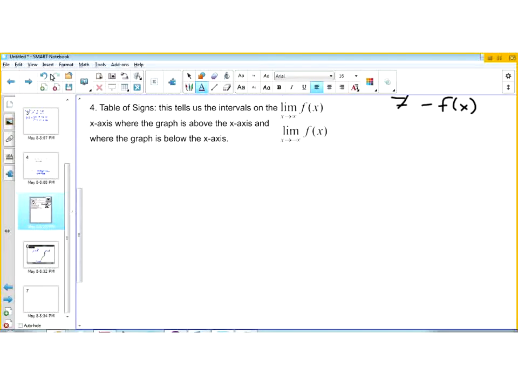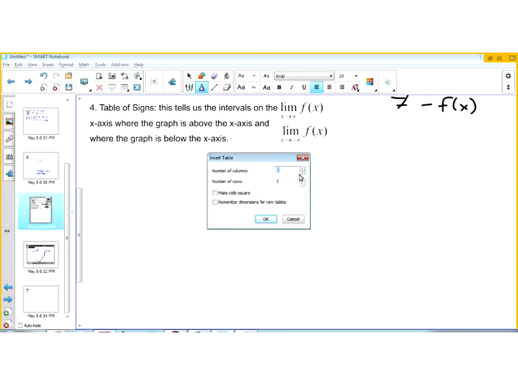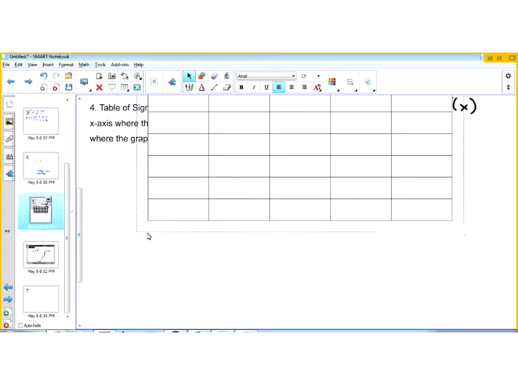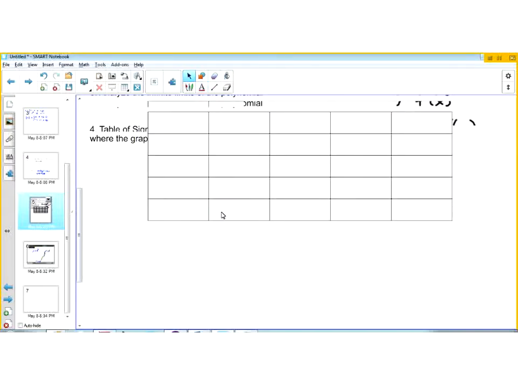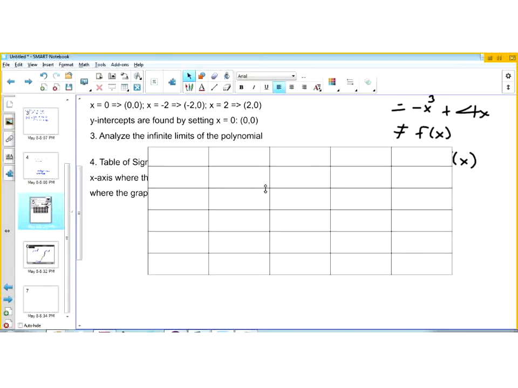To construct a table of signs, it's a pretty simple process. We create a table. All right, so let's insert a table. Let me grab the table and move it off the lower table.